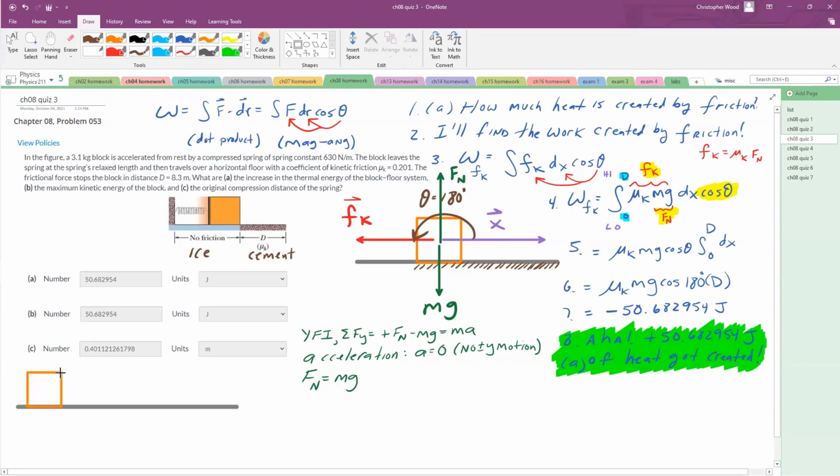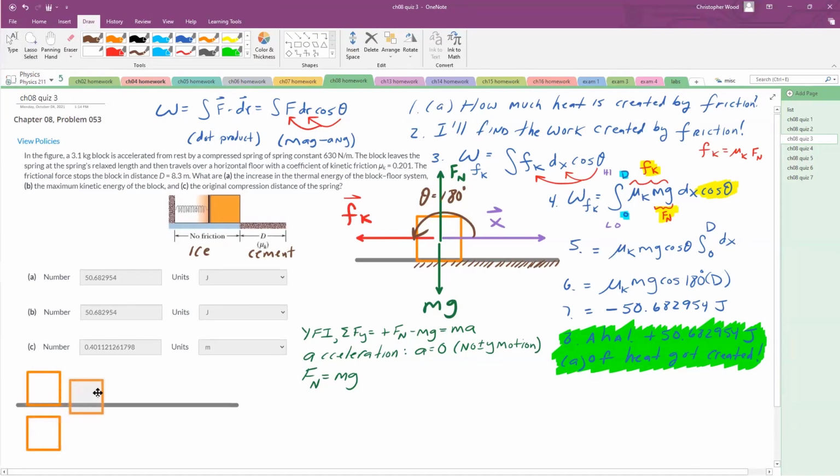This is maximum spring compression. And then you let go, you fire the mechanism, and the orange block goes skating across this frictionless surface, which I'll show is right there. And then it skids to a stop somewhere over here.